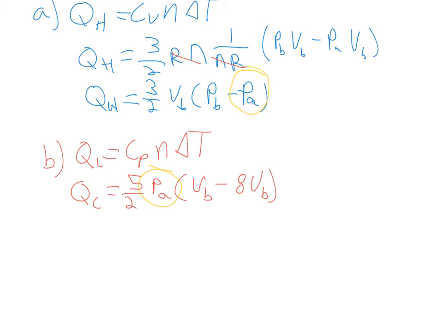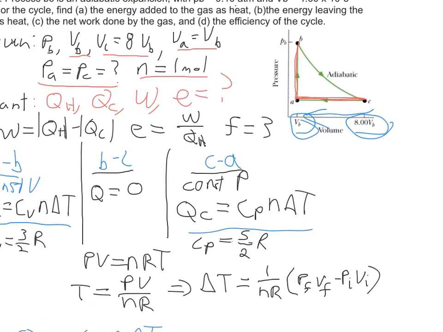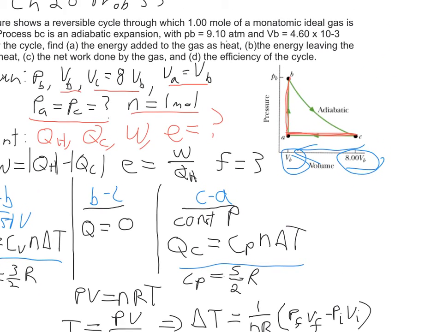So how do we go about getting that? The key is looking at the transition from point B to point C. I'm going to scroll back up here. Our last transition we haven't considered is this adiabatic transition. We have pressure at point B and volume at point B, pressure at point C and volume at point C, and it's an adiabatic transition.